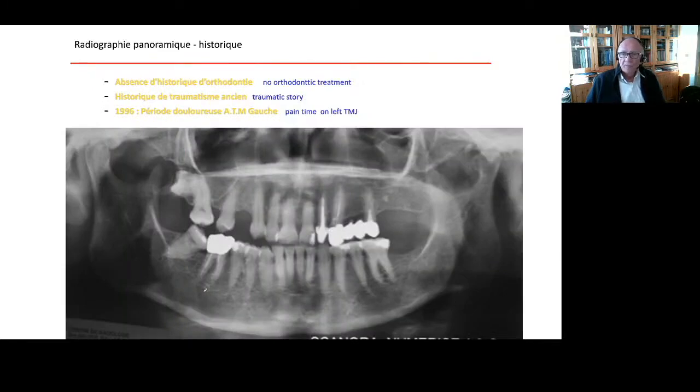Look at the radio. What do we have? We could have something like a risk of interference.